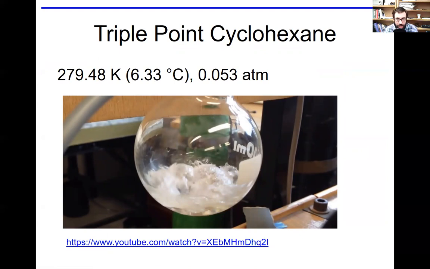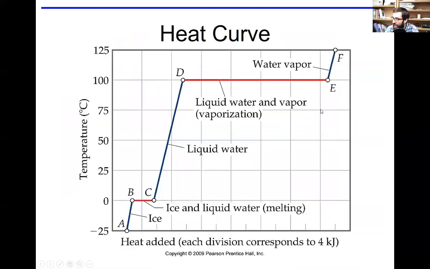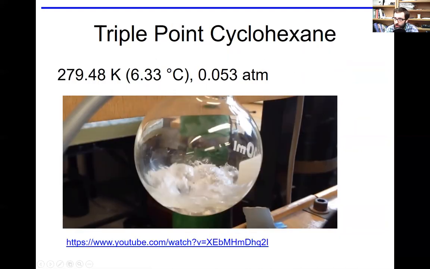It's melting at the same time as it's condensing. It's doing all those things, interconverting between solid, liquid, and gas. It's at equilibrium, all of those 3 states at the same time, which is pretty wild. But there is a point for every pure substance, at least, called the triple point, where it's in equilibrium between solid, liquid, and gas.